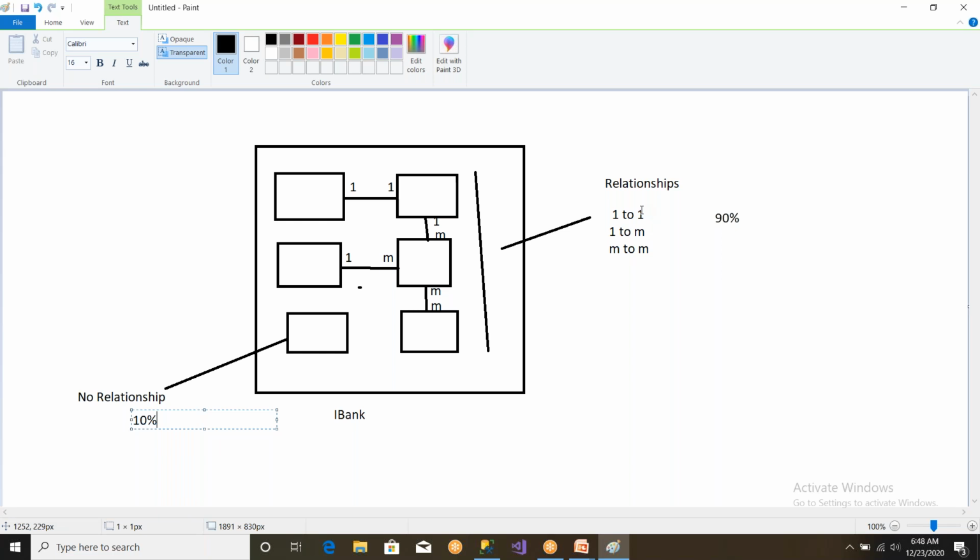It is not a normal DBMS because it is a relational database management system. That means we are storing the data as part of the database in tables, but the tables are not independent. They are dependent on each other.